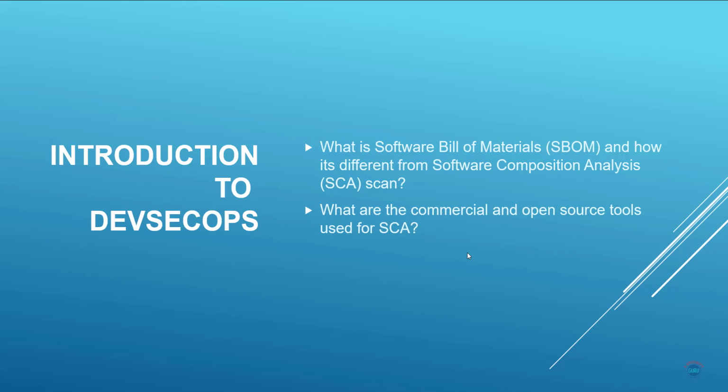We need to know the difference between SBOM and SCA, and also we need to understand the use of these terms because the security tools provide capabilities to generate SBOM and run SCA scans, and hence we need to know the difference between these two. Then again, we need to know what are the commercial and open source tools available for SCA. So let's jump into the action and let's talk about both the things in this lecture.